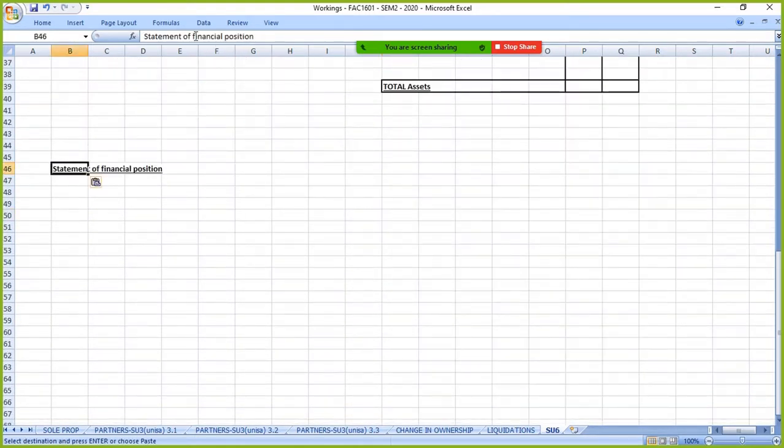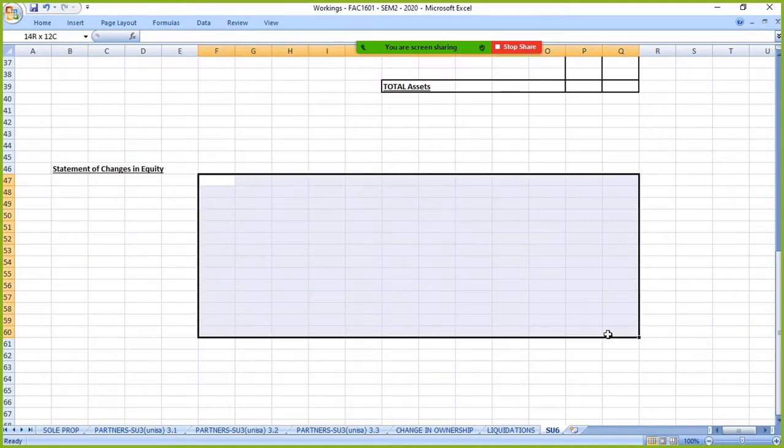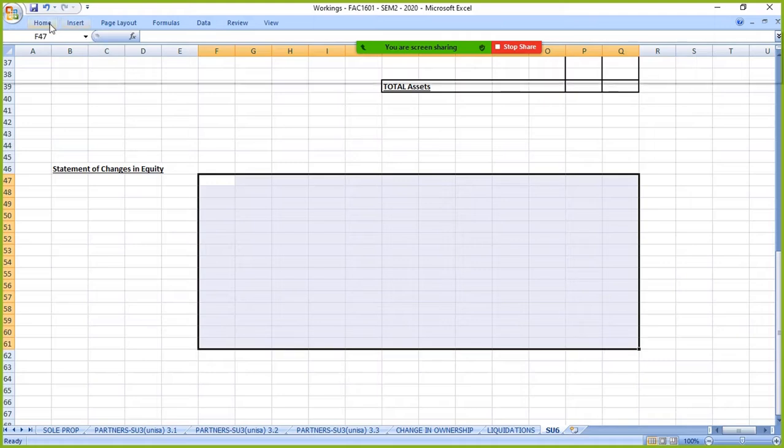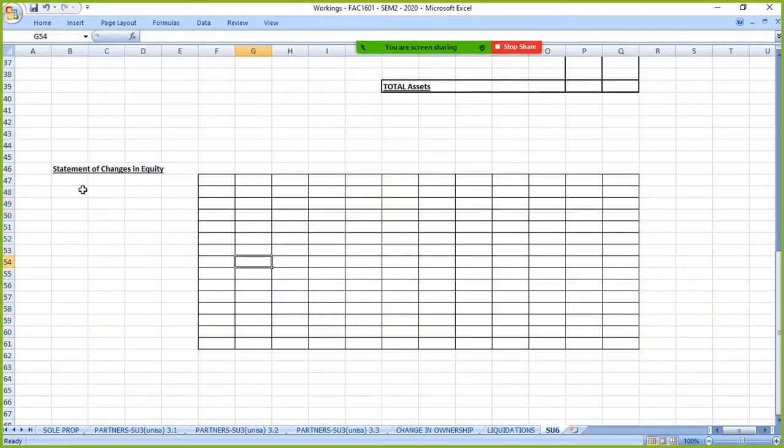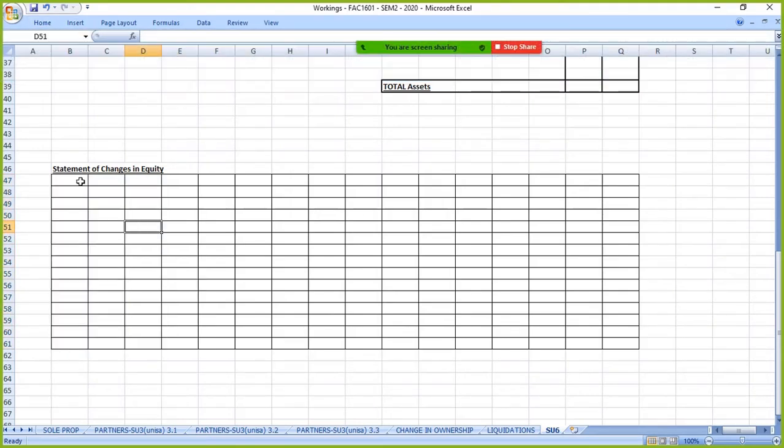Okay, statement of change in equity. With the SOCI question, you're going to have lots and lots of columns, so let's just put a whole bunch of columns here. Should be enough. Under required for B, it says prepare the statement of changes in net investment of members.